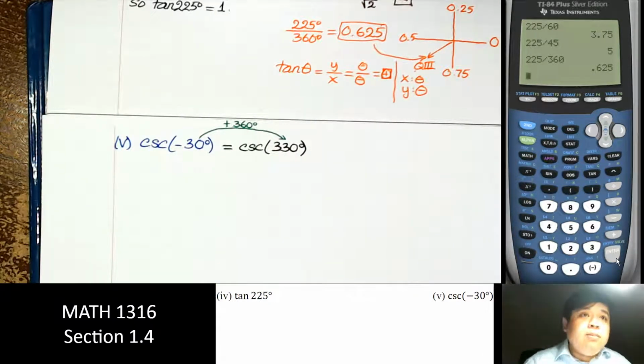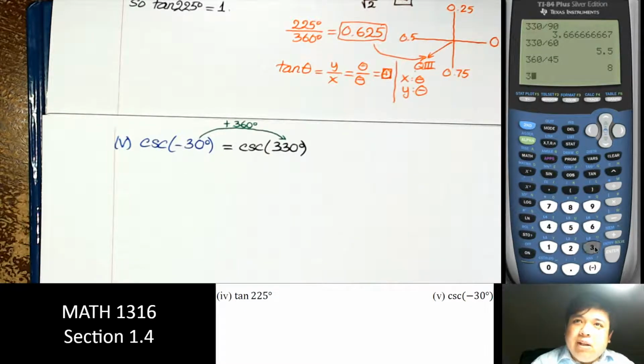Right. Now 330. Try dividing by 90. Nope. Is it divisible by 60? No. Obviously it's not 45.